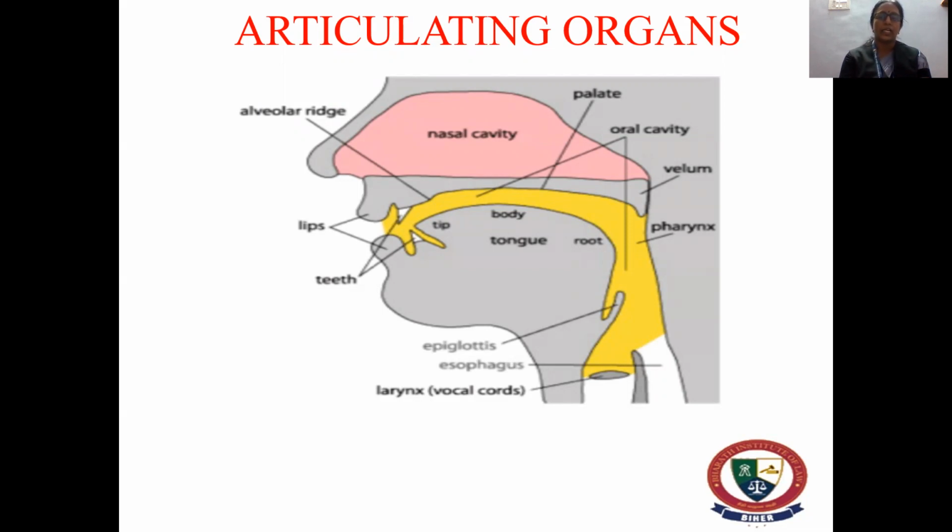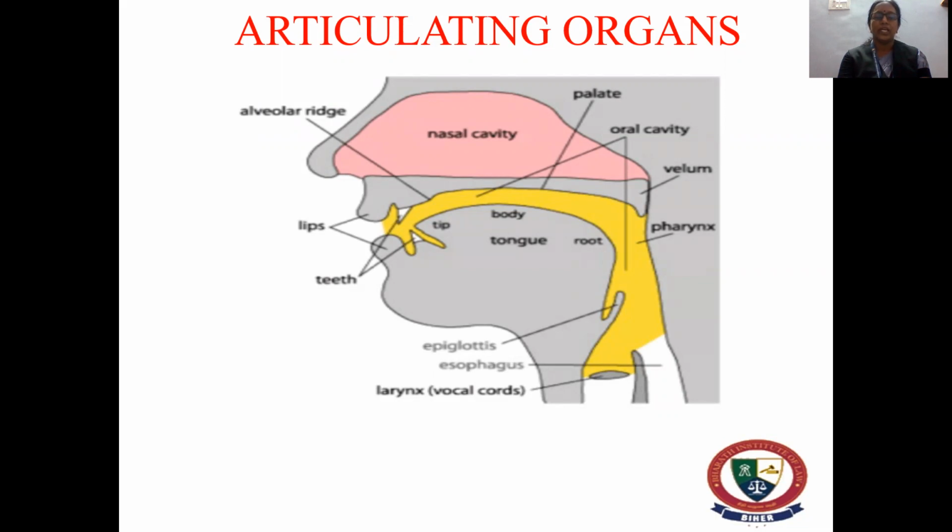The organs that are involved in producing the speech sounds, generally people would say lips, mouth, and tongue. It is not so. This picture very clearly states what are all the other organs, both external and internal, that are involved while producing the speech sounds.